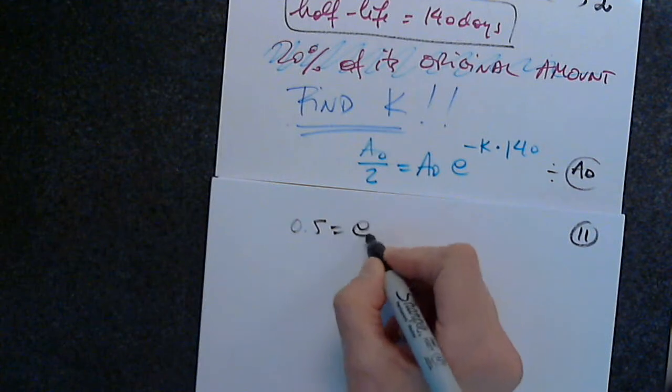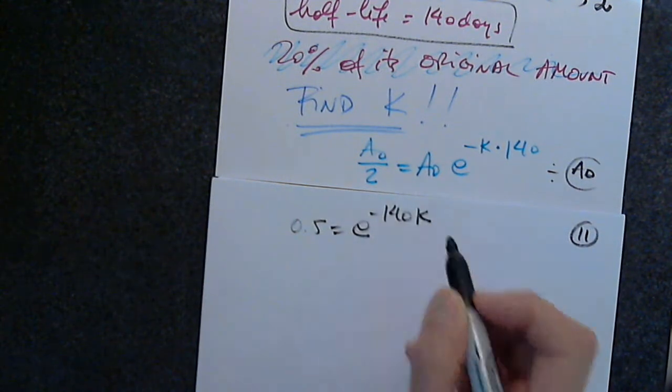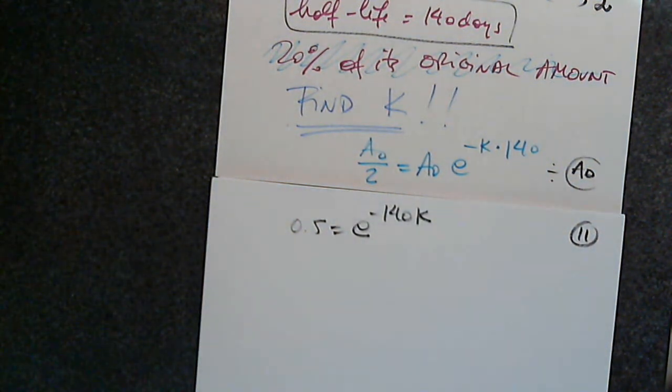This part is e to negative 140k. I cannot divide just one side. In all equations, when I divide, I have to divide both sides by whatever I'm dividing by. So the left-hand side is 0.5 times A0. I divide by A0, so I get 0.5. The right-hand side is A0 times e. I divide by A0, I only have e. It's completely cleaned up.